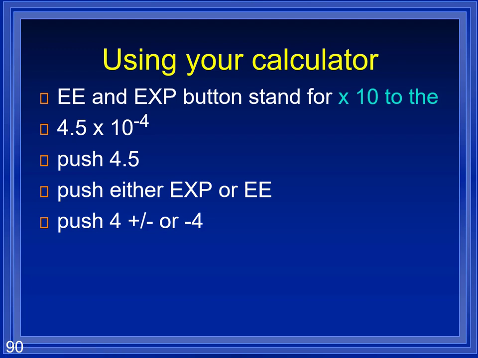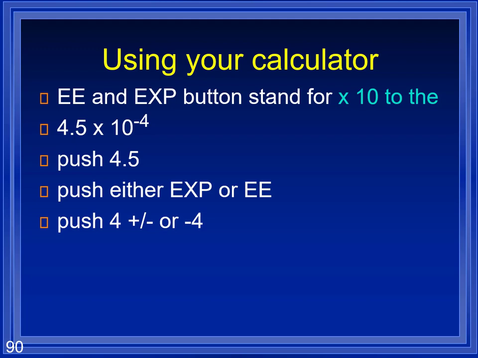So if I wanted to put in 4.5 times 10 to the -4th on this calculator, I type 4.5. That's what the calculator says. Then I'd push the magic button.